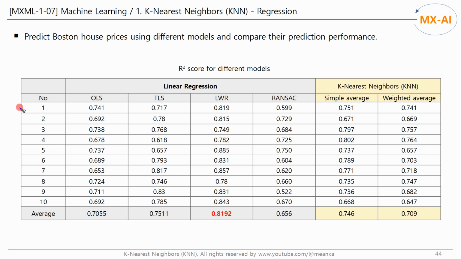We performed 10 regressions for each model. The measured R-squared scores are as follows. These are the average scores for each model. These are the results measured using the linear regression models. For more information on these models, please see the videos in the linear regression series.